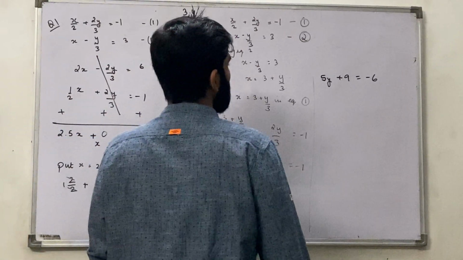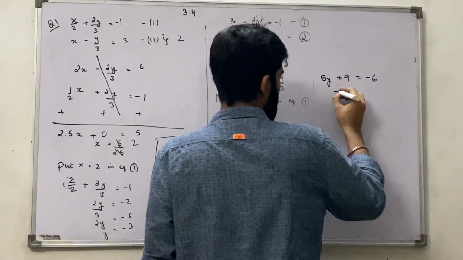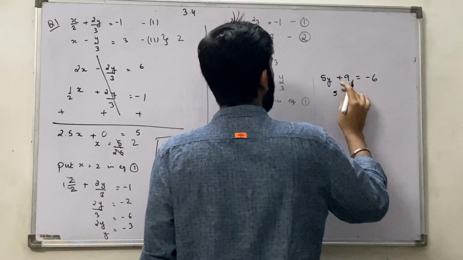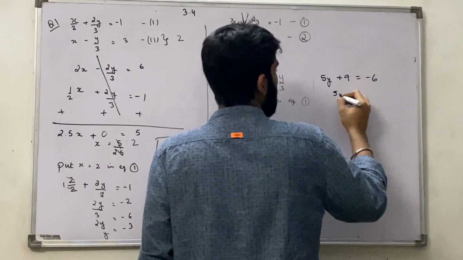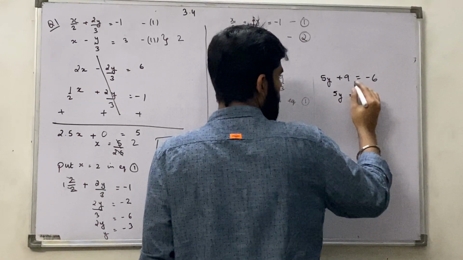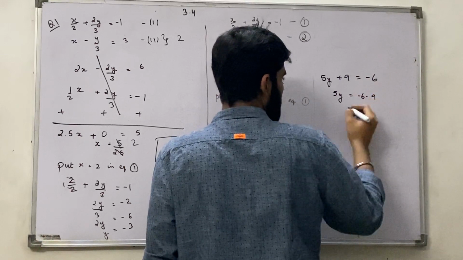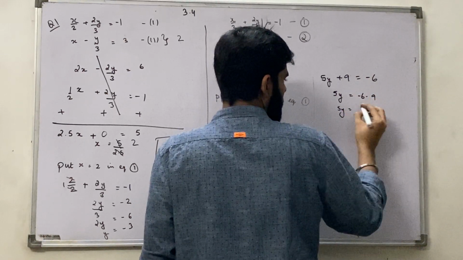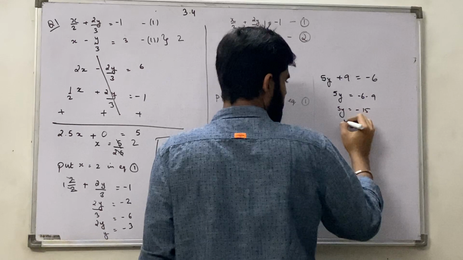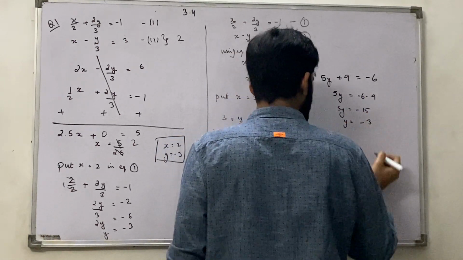Now 5y is equal to minus 6 minus 9. This will be minus 15, therefore y comes out to be minus 3.